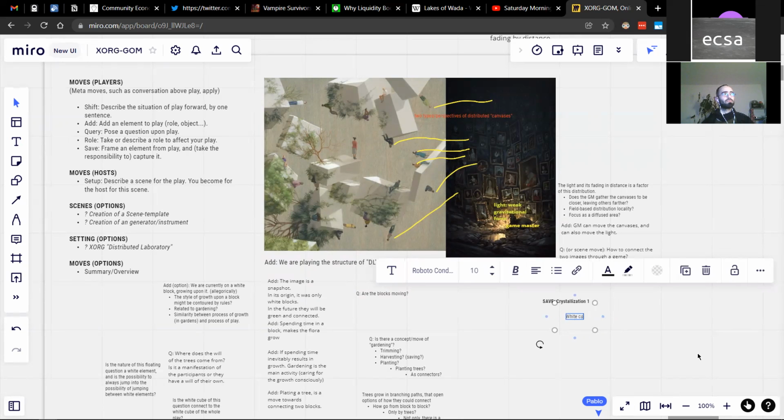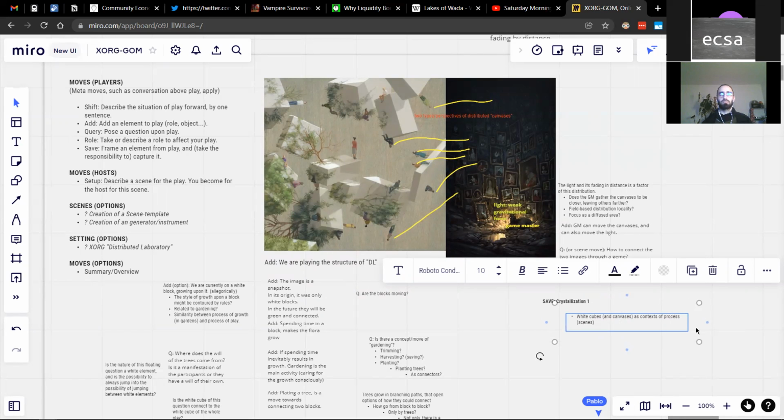White cubes and canvases as contexts of process. So they're kind of like scenes. That's one point.